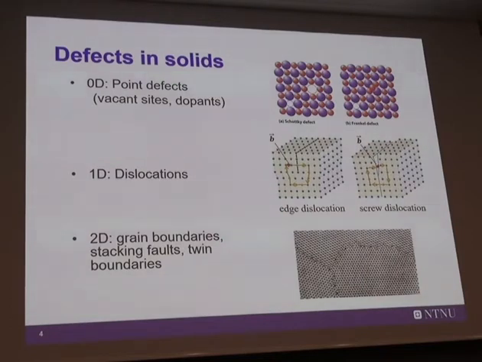Then we have one-dimensional defects called dislocations, and they are quite well known, particularly in metallurgy. The mechanical properties or the ductility of materials is very dependent on this kind of dislocation. And the two classical dislocations we can distinguish are the edge dislocation, which is illustrated here, and the screw dislocation illustrated here.